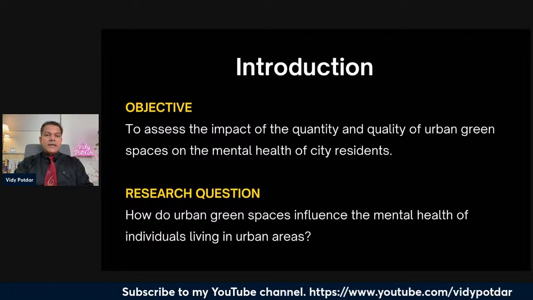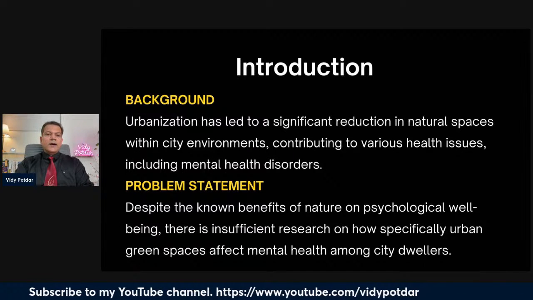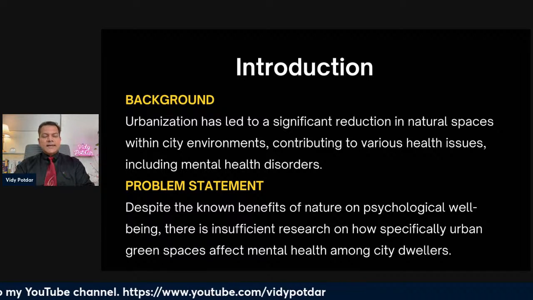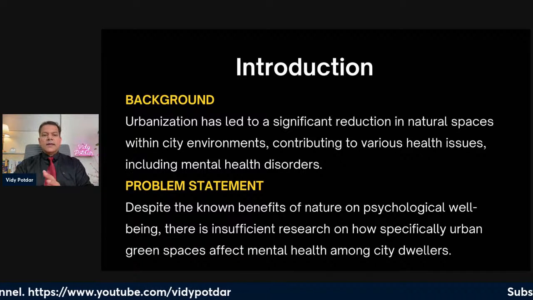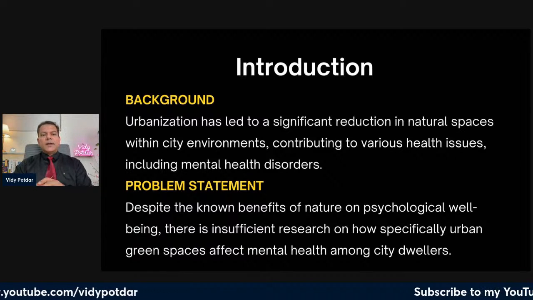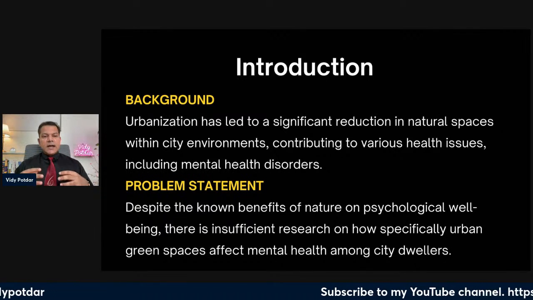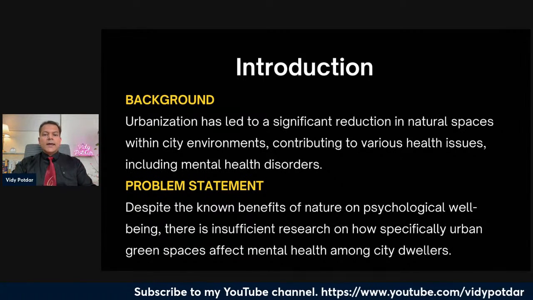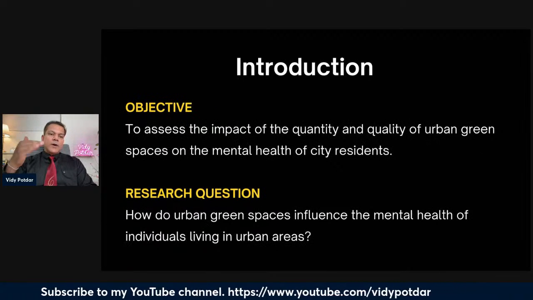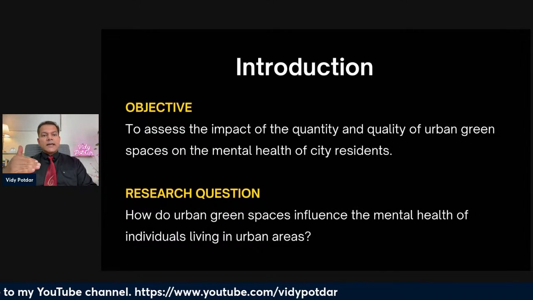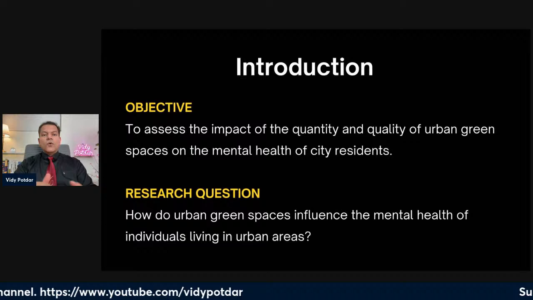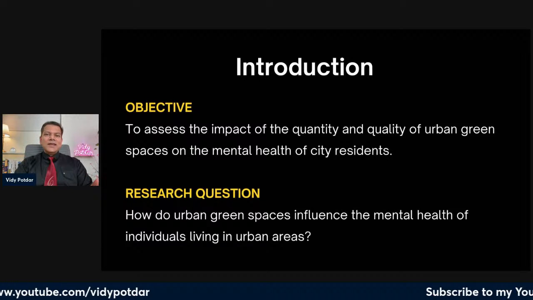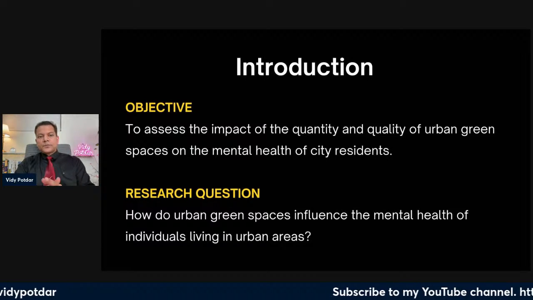Next, we come to the objective. Imagine you have written, say, 5 or 6 sentences for background and another 3 or 4 sentences for problem statement. Then your research proposal is starting to build up. It is growing, and then you come down to the objective, and this is where you say what exactly you are going to do.